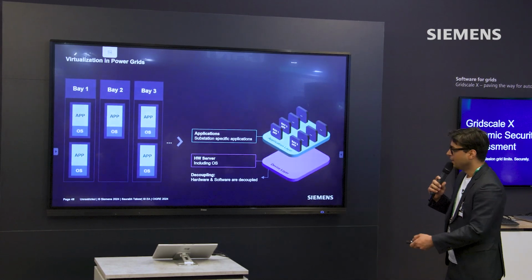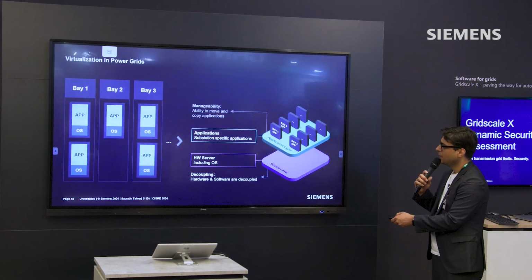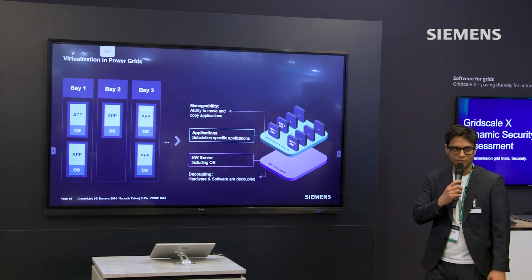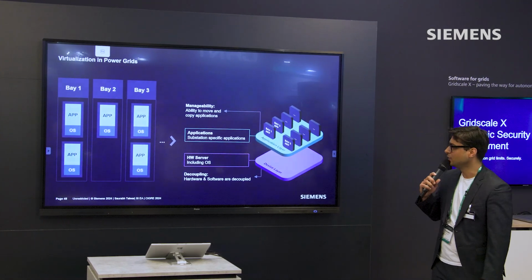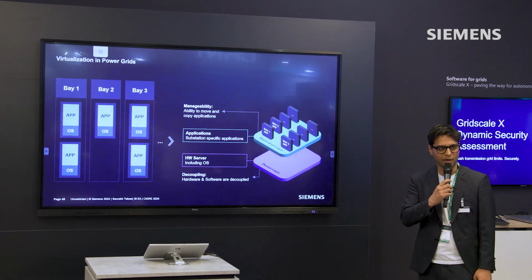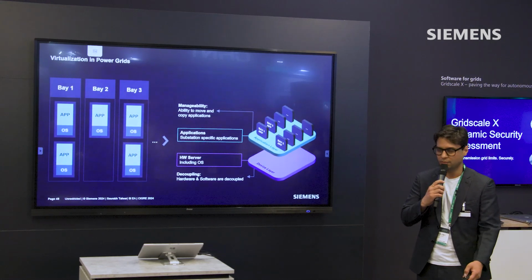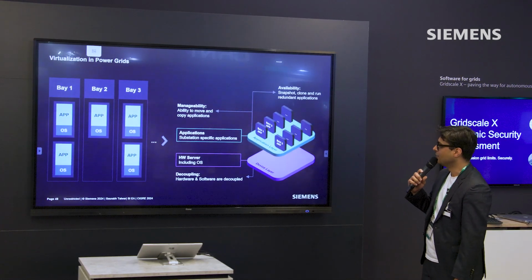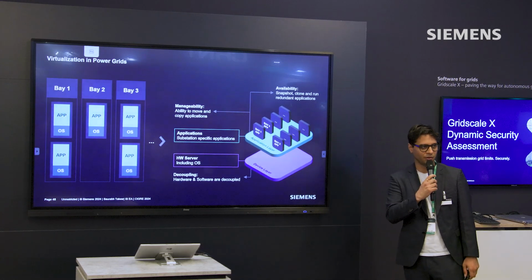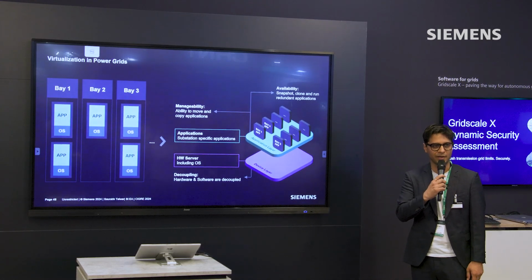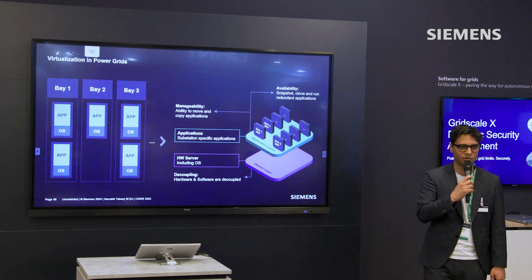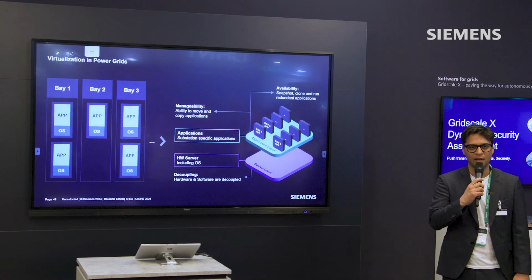Now, with virtualization, you also get a benefit of manageability, so you can actually copy and duplicate applications and manage them in a software-defined approach. In addition to that, availability is a topic with virtualization. You can take snapshots, you can take backups, you can copy applications and duplicate them on a redundant machine.